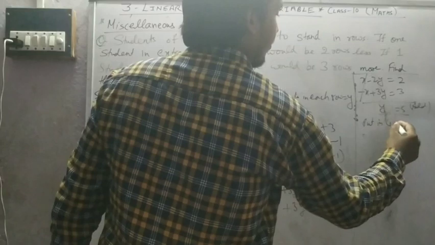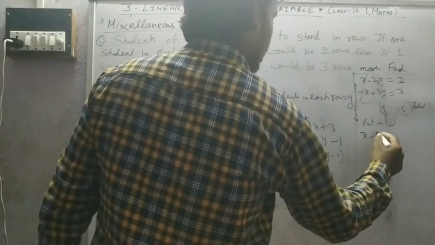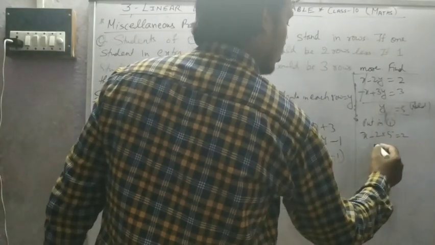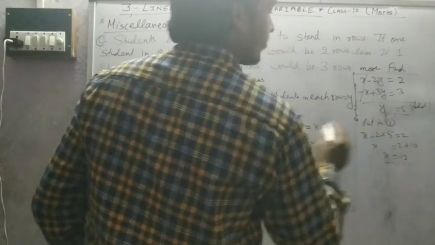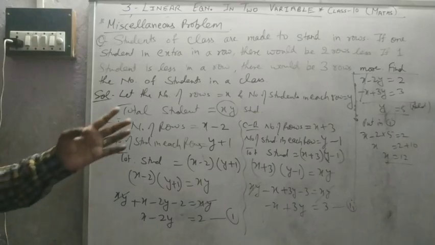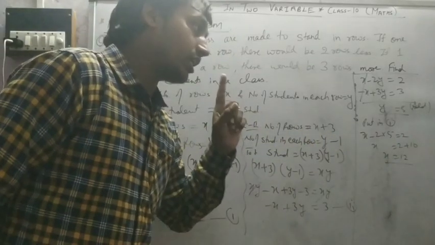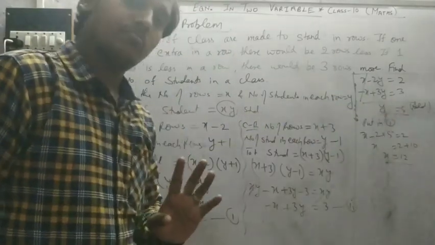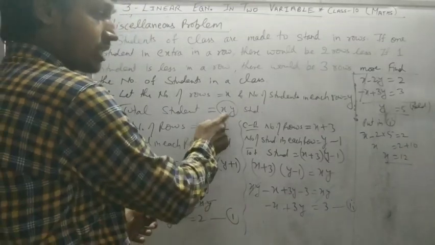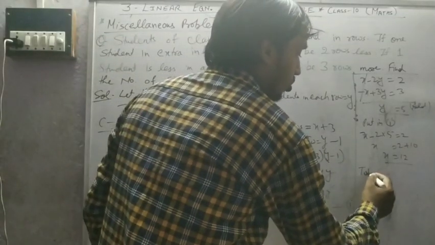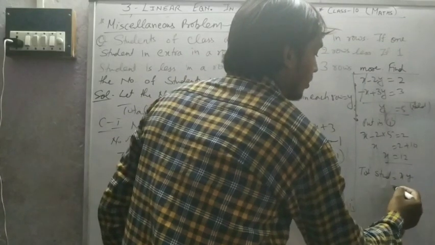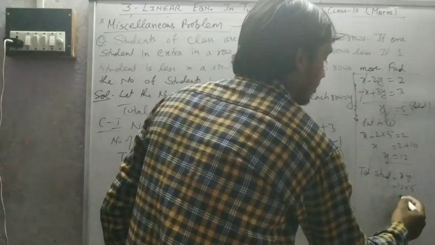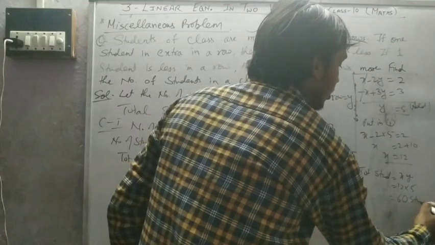Put in first. So x minus 2 into 5 is equal to 2. x is equal to 2 plus 10, that is 12. Means 12 rows and each row contains 5 students. So how many total students? That is xy. So total students xy, 12 into 5, that means 60 students in a classroom.